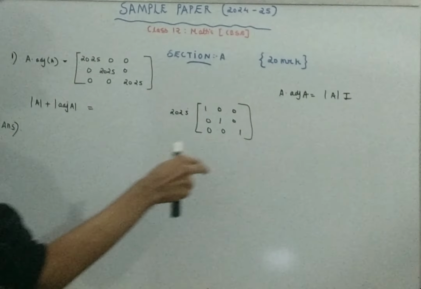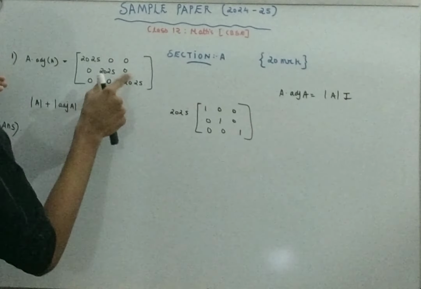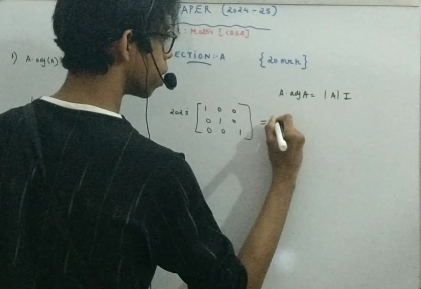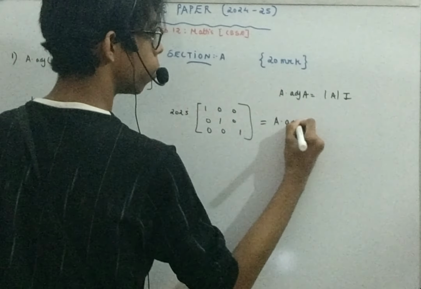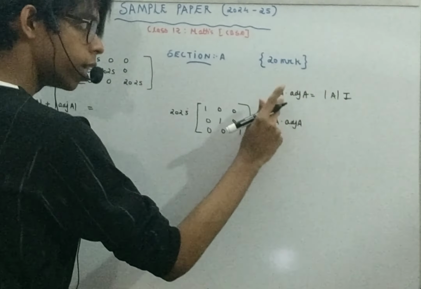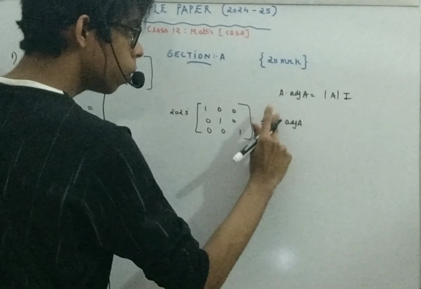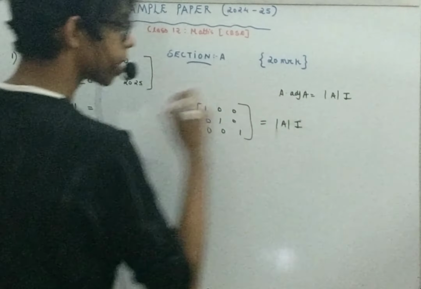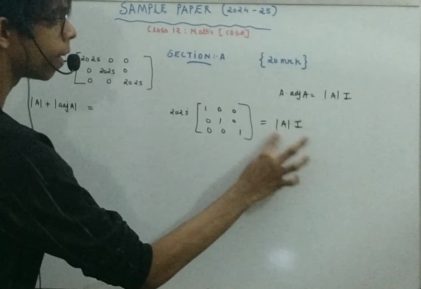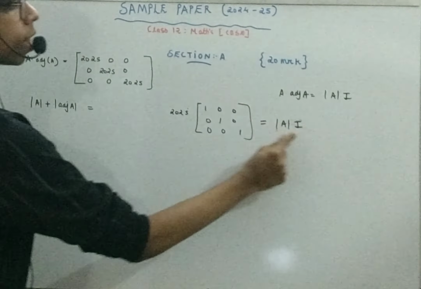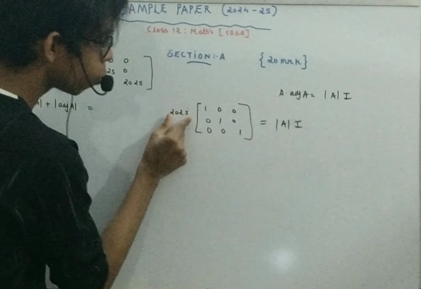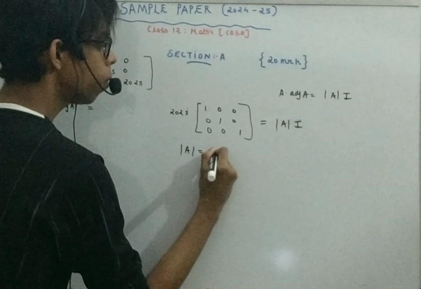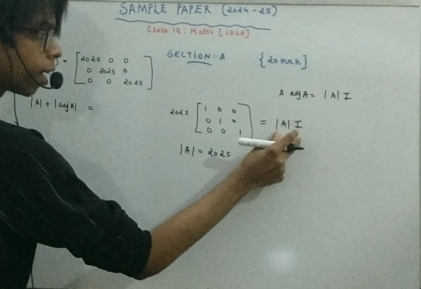So now if you compare here this 2025, we have written it like this and we said that this is equal to A into adjoint of A, and according to our identity A into adjoint of A is equal to determinant of A into identity matrix. So now if you compare both RHS and LHS, what is determinant of A from here? Yes, determinant of A is equal to 2025.